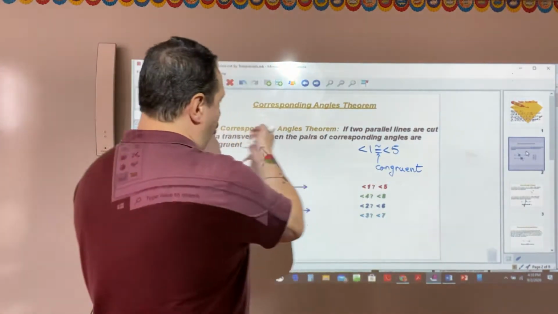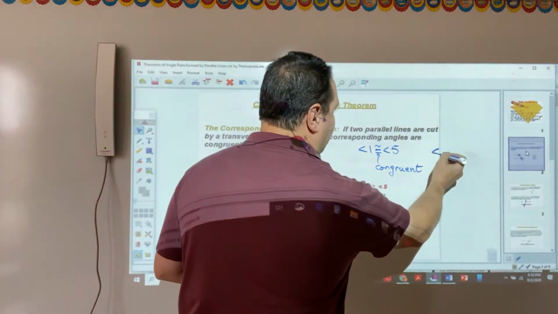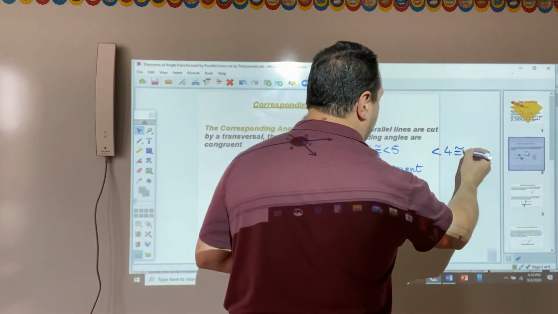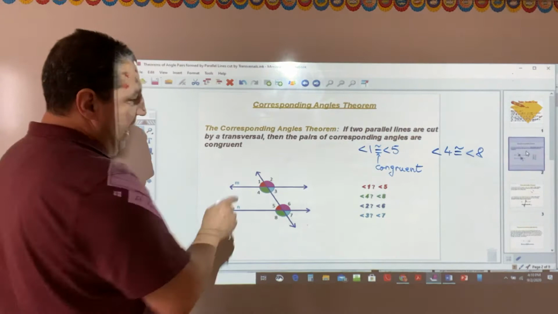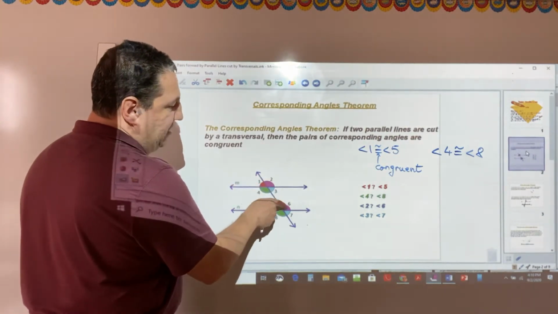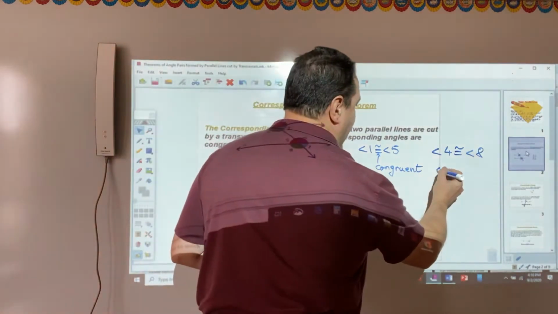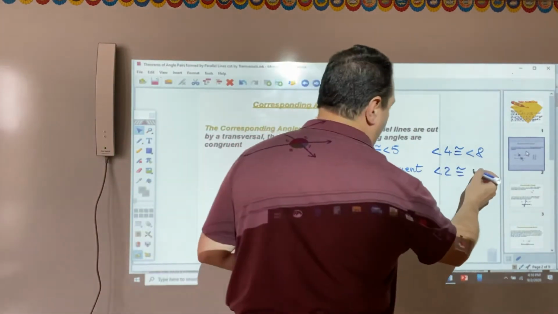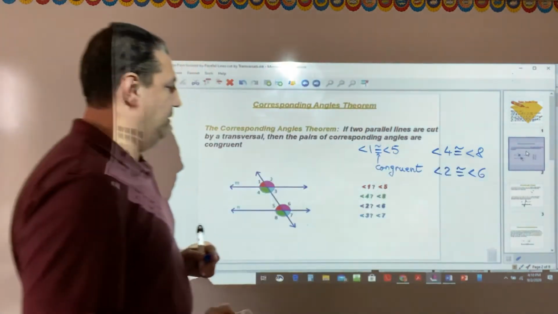So, according to this theorem, they are congruent. So, angles 4 and 8 are congruent. Also, angles 2 and 6 are congruent because they are corresponding. Angle 2 is congruent to angle 6.